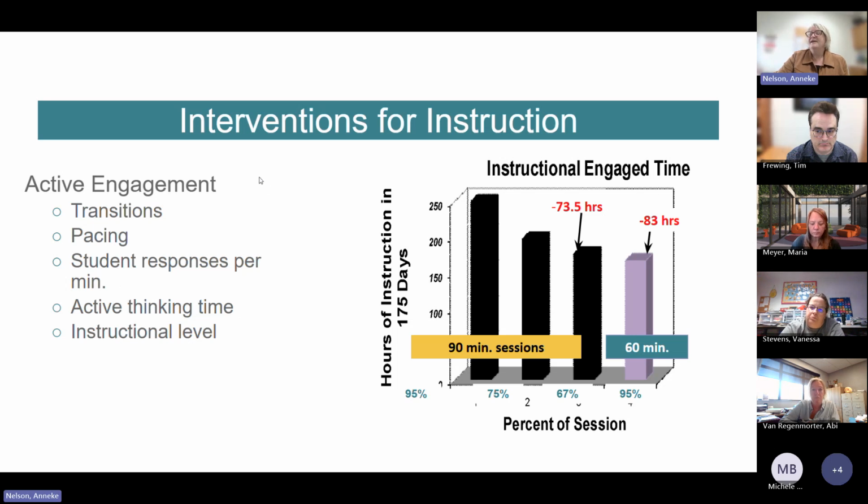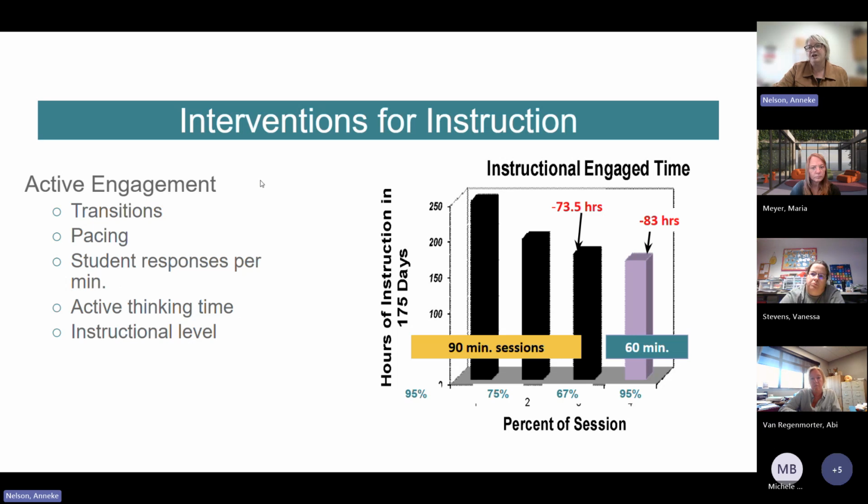Another part that can be really big for our instruction is: are our students actively engaged? So how do our transitions look? How is the pacing of our classroom doing? Is it occurring at just right, kind of using Goldilocks, right? Is it just right, or is it too slow or too fast?